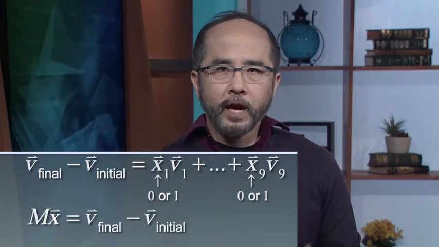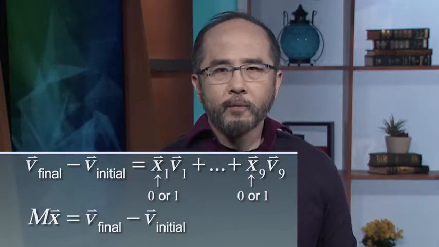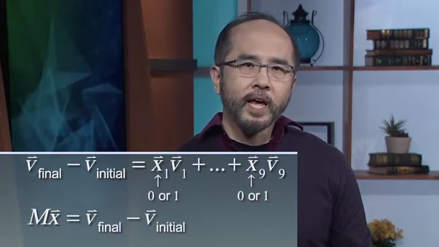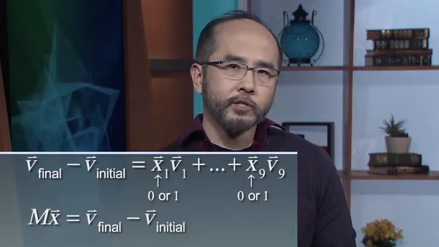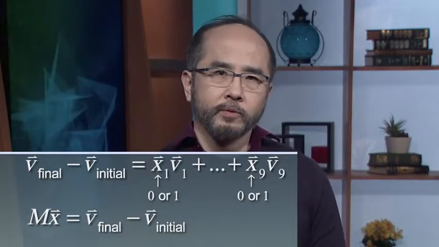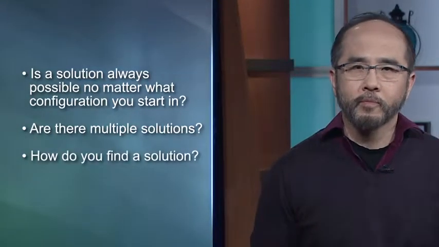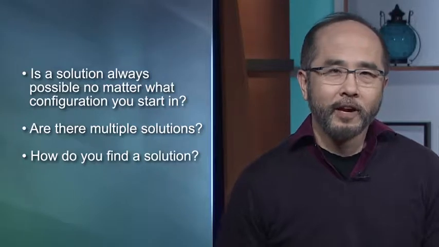Then, given v final minus v initial, I'm trying to solve M times X equals v final minus v initial for X. And now we see that answering the 3 questions is the same as answering similar questions about solutions to Mx equals b. For instance, is a solution always possible no matter what configuration you start in? Are there multiple solutions? And how do you find a solution? These are really linear algebra questions.